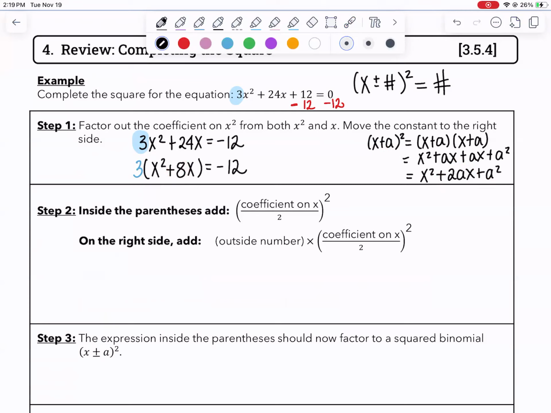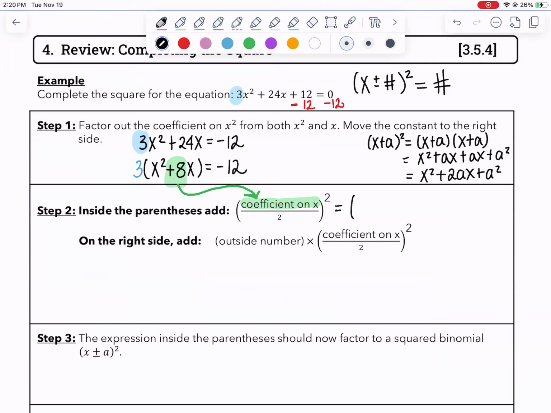And here's just the shortcut on it. On the inside of these parentheses, you are adding half of the coefficient on x, squared.